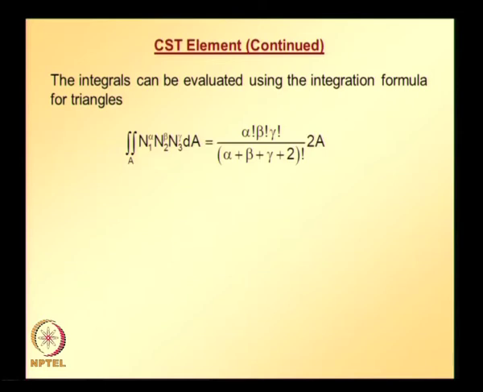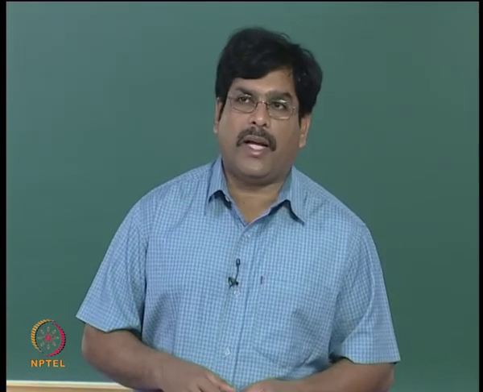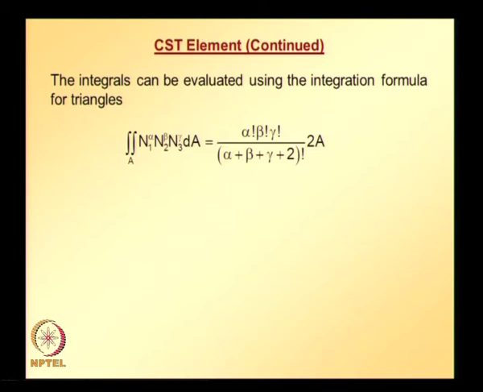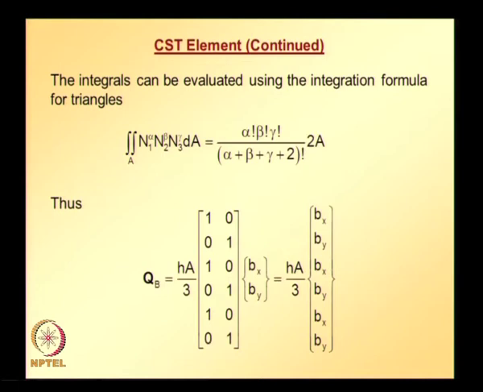Depending on the integrand, if it consists of only shape function expressions, then we can use this. Otherwise we need to use numerical integration that we discussed earlier. So, adopting either of these, we can get the equivalent nodal vector due to body forces.